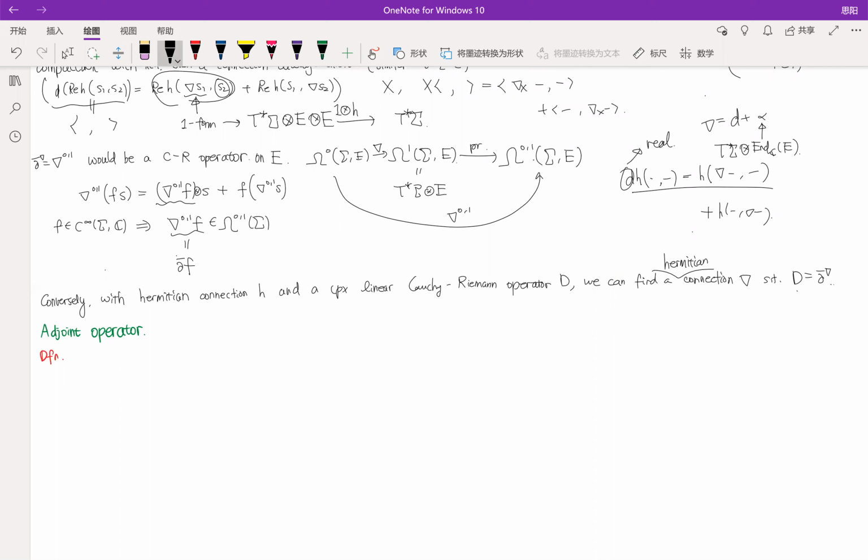So an adjoint operator means that it is adjoint to the complex linear Cauchy-Riemann operator with respect to some inner product.